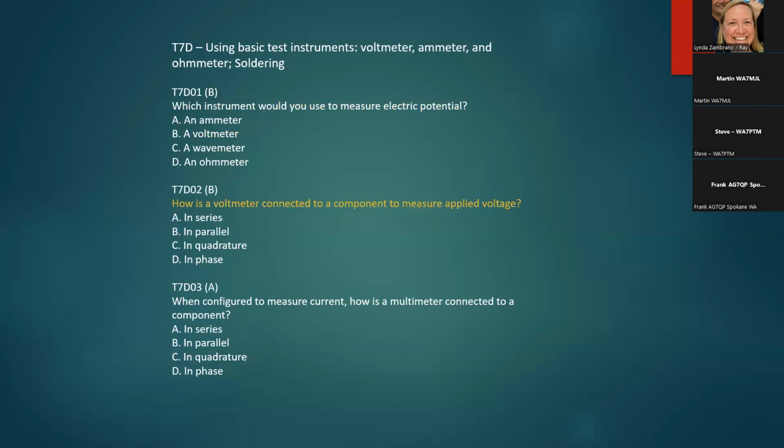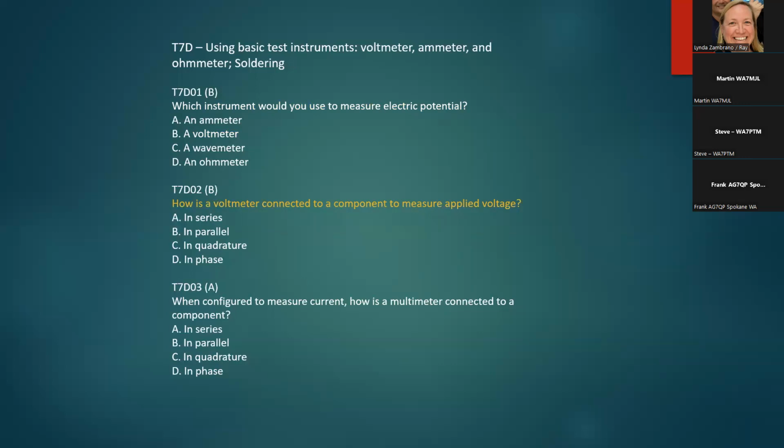D2, how is the voltmeter connected to a component to measure applied voltage? Well, answer C and D really don't make any real sense when you're measuring voltage.